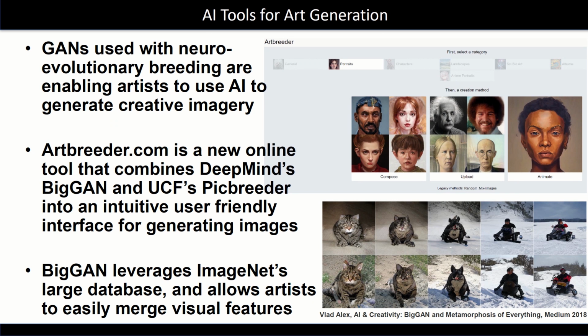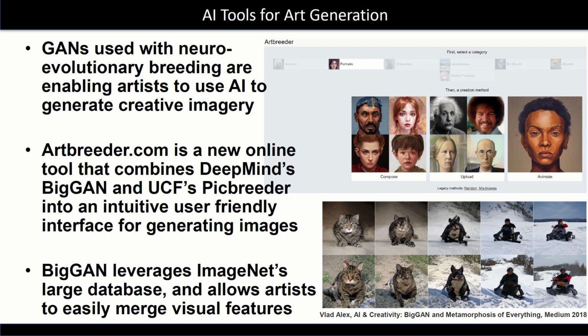So when you combine GANs with neuroevolutionary breeding algorithms, then you start to get some tools that artists can use in order to generate creative imagery. Artbreeder.com is one of those tools that combines DeepMind's BigGAN with UCF's PicBreeder, and it gives you an intuitive online interface to be able to generate images with this, and not just faces, but animals and backgrounds and lots of different categories of images.